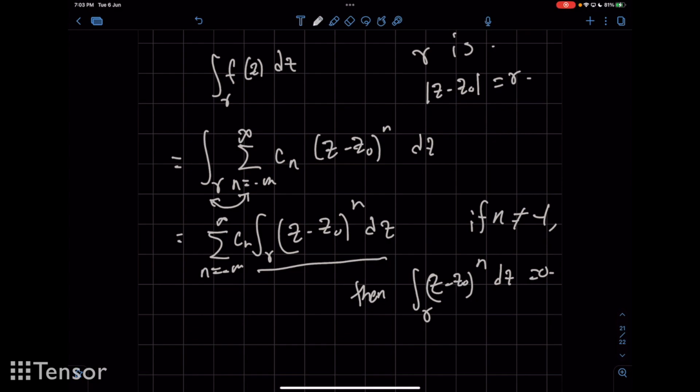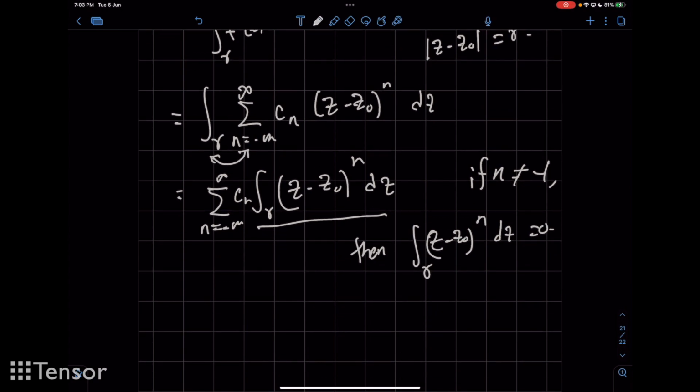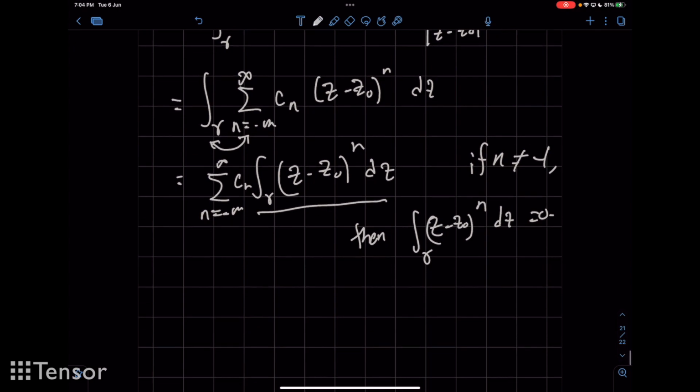And what was the value of the integration when n was -1? Yeah, it was 2 pi i. So all the terms with n not equal to -1 contribute 0. The only non-zero contribution is from n equals -1, so we have c_{-1} times 2 pi i.